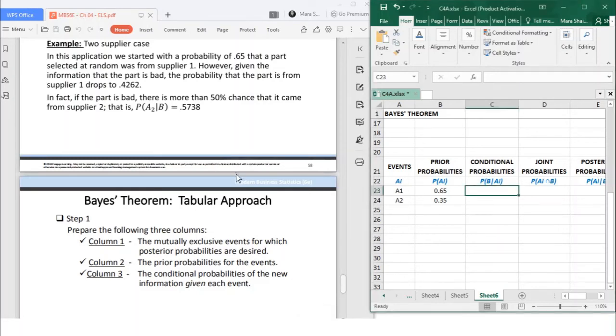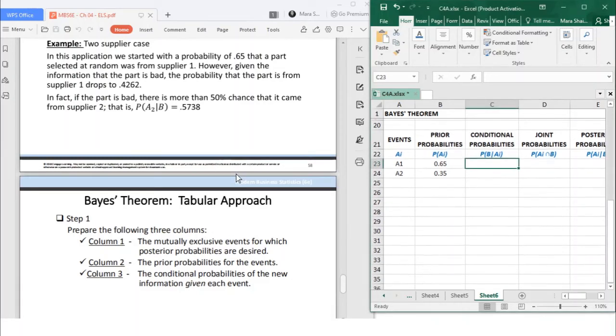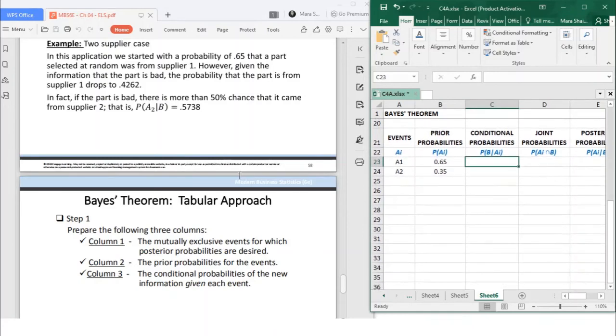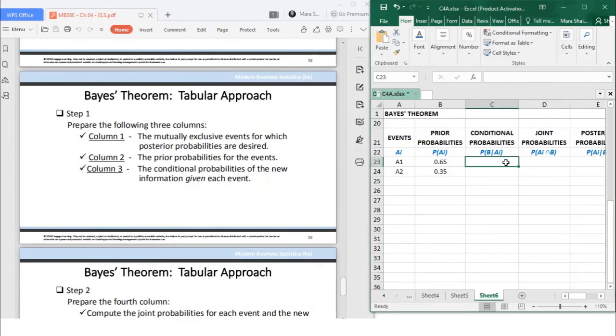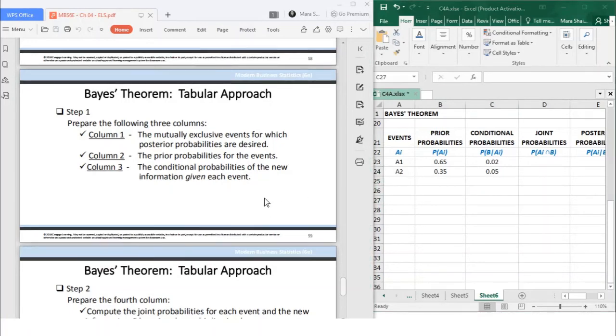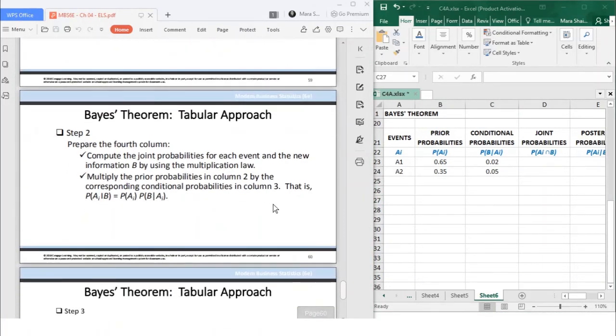So balik nato sa atong table. Di ba ang bad part for supplier 1 is 2%. Now for supplier 2 is 5%. Step 2 is to prepare the fourth column.